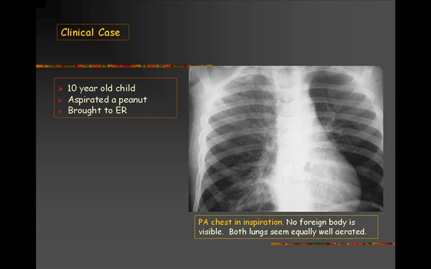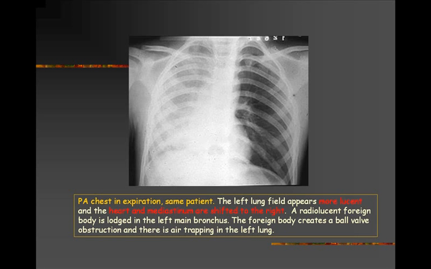The peanut is radiolucent. Both lungs seemed reasonably well aerated. In this particular instance, the astute clinician requested an X-ray in expiration, which was presented to the clinician like this.